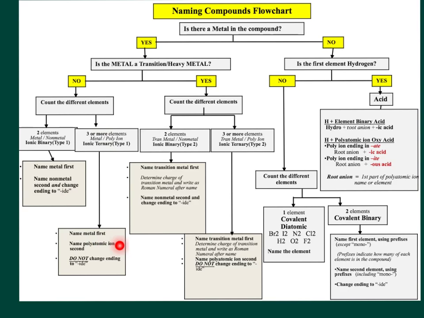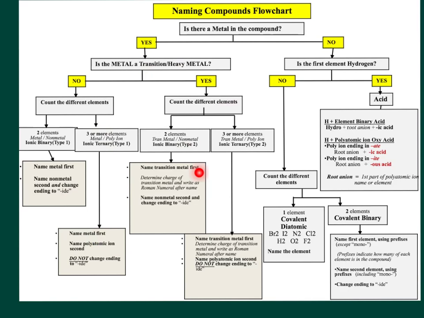What if you see a transition or heavy metal? Well, again, you're going to count the different elements. If there's just two elements, if it's a type 2 metal and a nonmetal, you're going to write the name of the transition metal first, and then you need to determine the charge on the metal. And we do that by using the nonmetal.